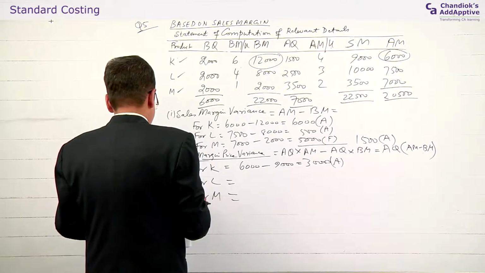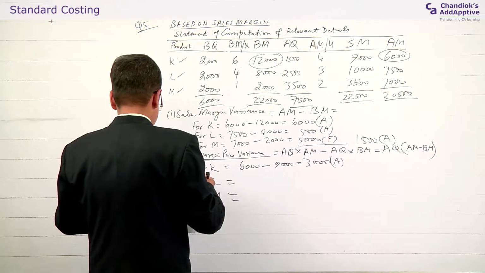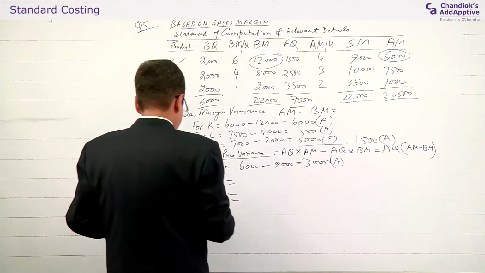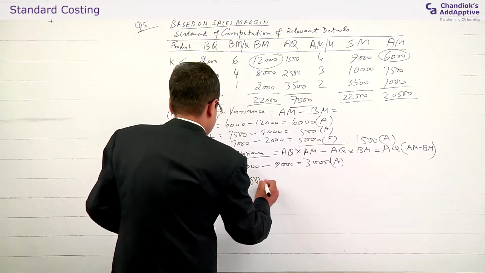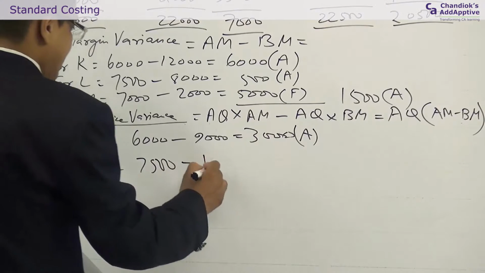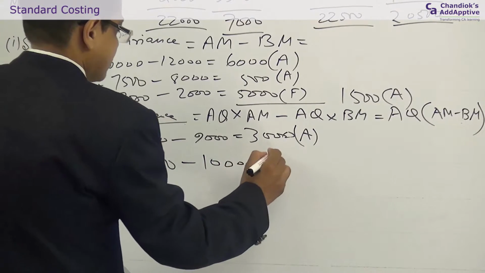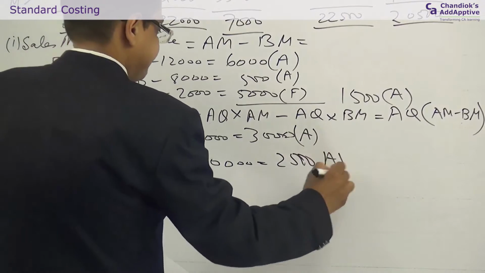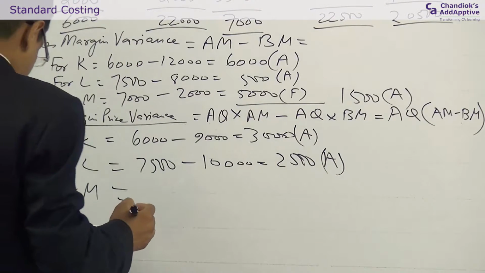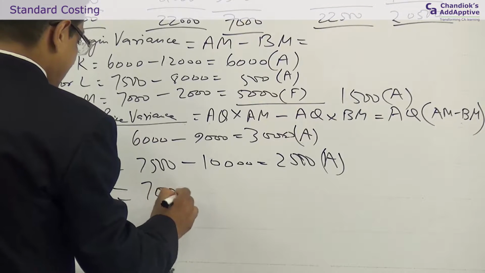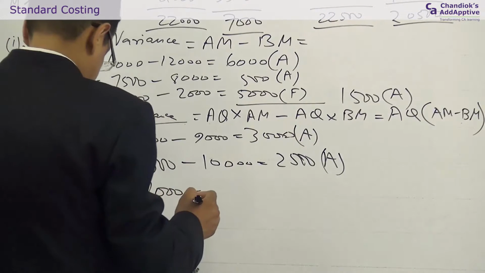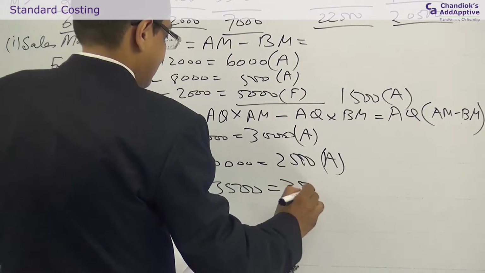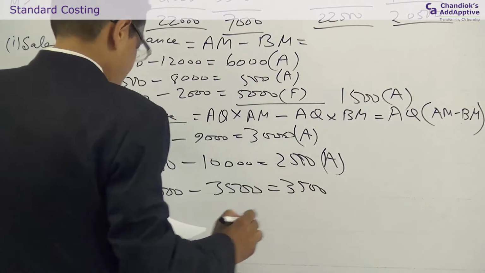So, you have got sales margin price variance for product K. Now, let us work for L. It is 7500 minus 10,000, that is 2500 adverse. For M, it is 7000 minus 3500, that is 3500 favorable.